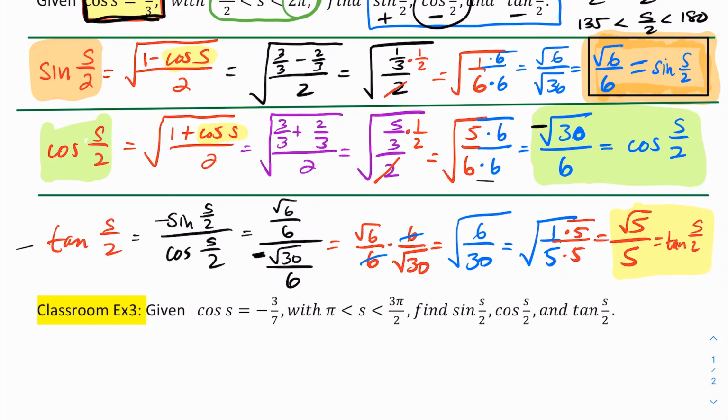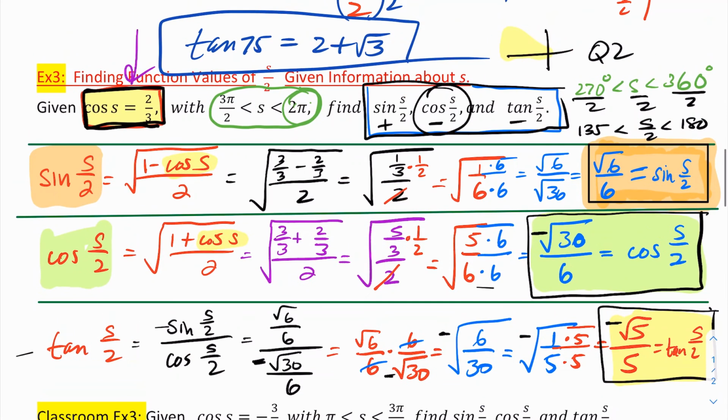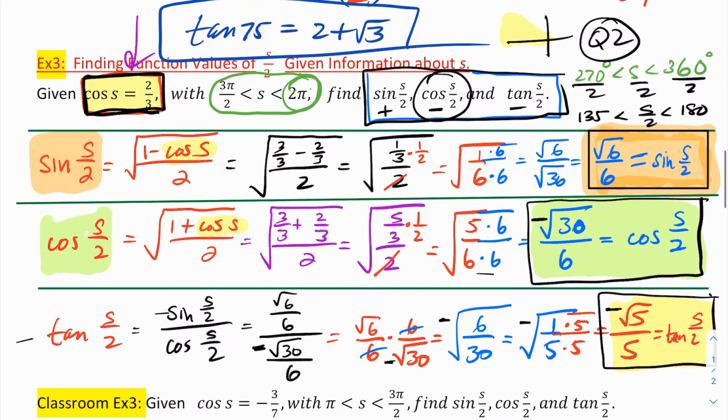And so because that's negative, which makes this negative, negative, and negative. So make sure you check at the end that your signs are accurate based on what quadrant the half angle's in. And the half angle was in quadrant 2. There's a lot to cover here. Try the next problem, please.